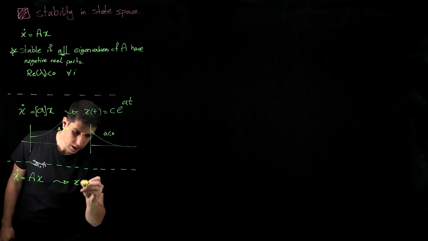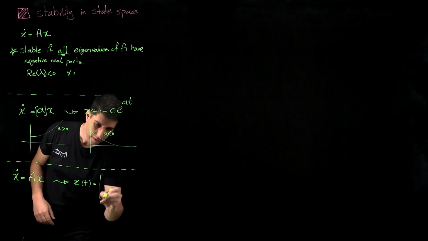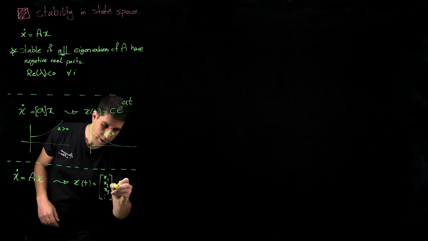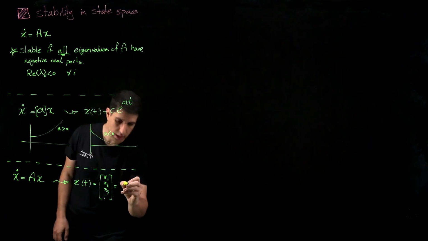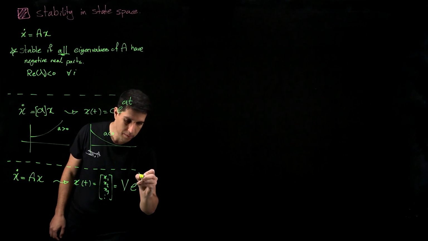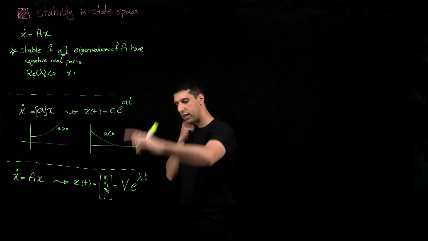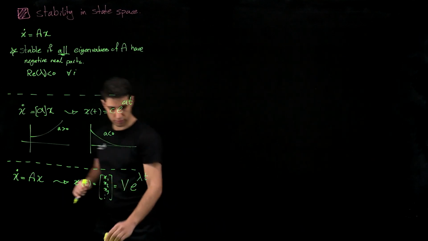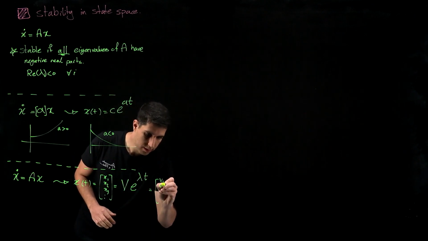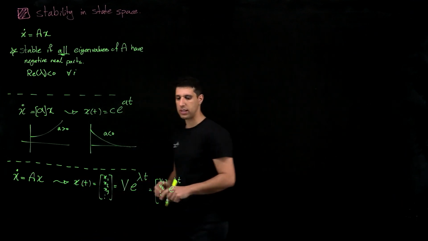So x of t, which is now a vector x1, x2, x3, and so on, equals a constant vector v, v1, v2, and so on, times e to the lambda t, where lambda is just a single number.